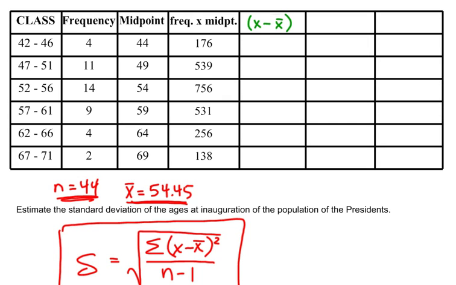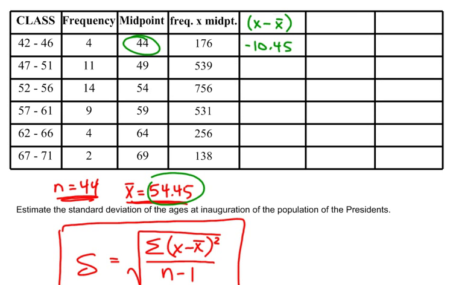So we're going to take each item and subtract the mean from it. That would be 44 minus 54.45, which gives us negative 10.45.